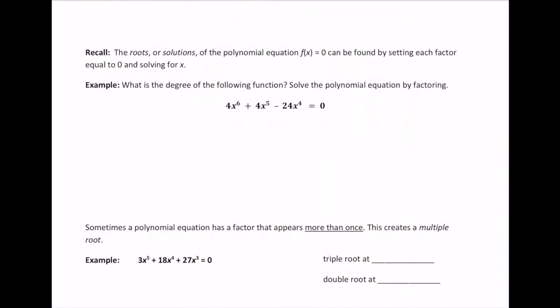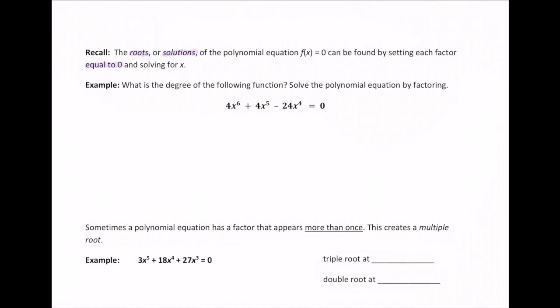Alright, next let's take a look at roots. So when I ask for roots, that means the same thing as the solutions of the polynomial. We can find these roots or solutions when we set everything equal to 0, just like we were doing in the warm-up.